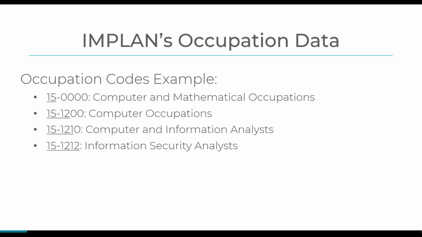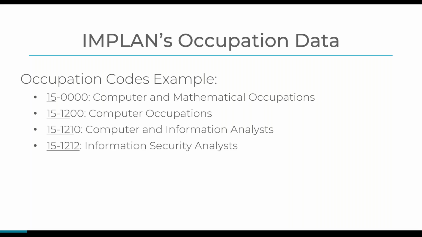150000 refers to occupations that fall under the major category of computer and mathematical occupations. So that first code is a major code. When an occupation code adds more non-zero digits, just like in 151200, it becomes more specific and is now a minor code.